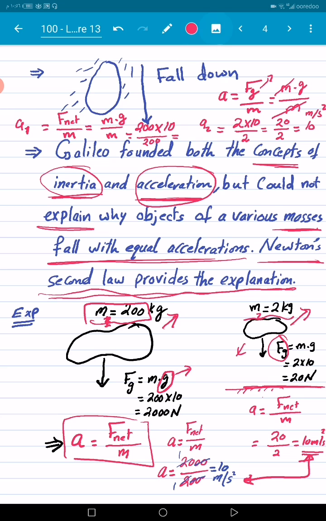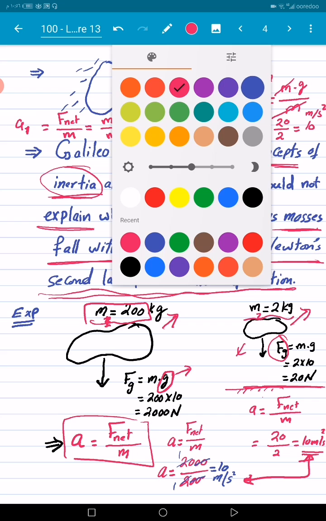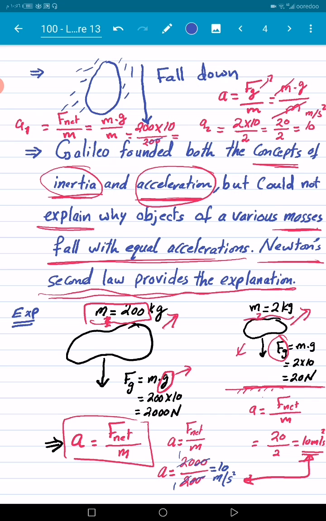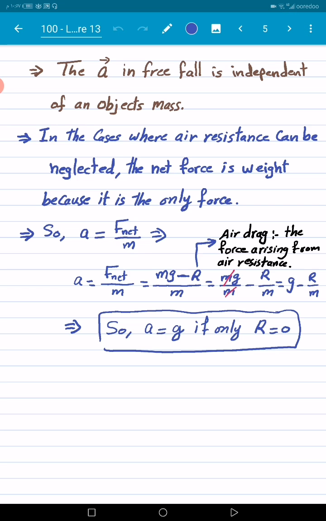So 200 moves with 200, so it's equal to 10 meter per second square. So this result is the same as this result. So all these objects reach the ground with the same amount of acceleration. So any question? I hope that everything is clear. So the acceleration in free fall is independent, مستقل, of an object's mass.